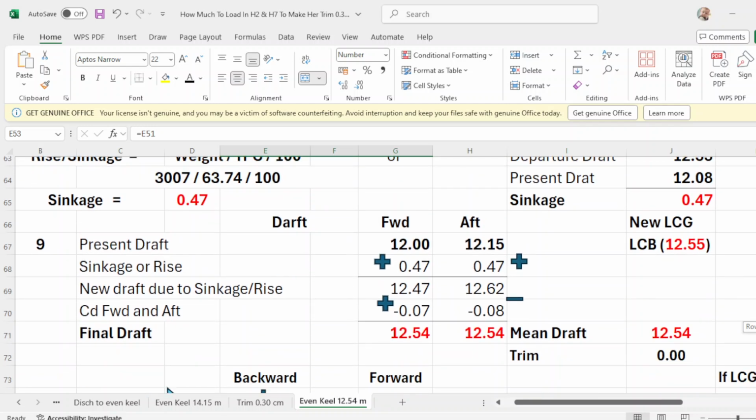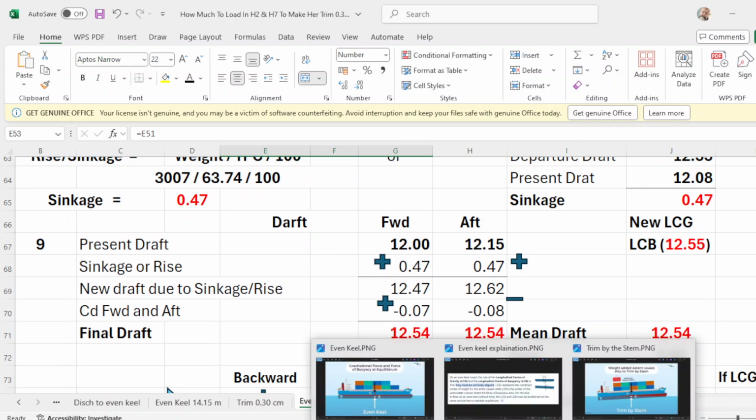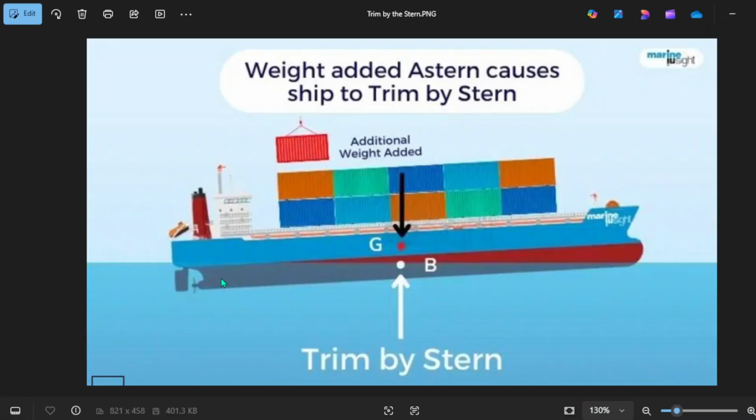And this will be the situation on the vessel. I will first explain this. Your vessel is trimmed by the stern by 15 centimeters. To make it even keel, this one has to rise up and this one has to go down.